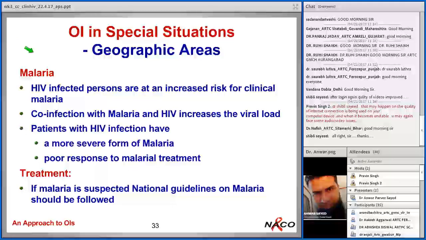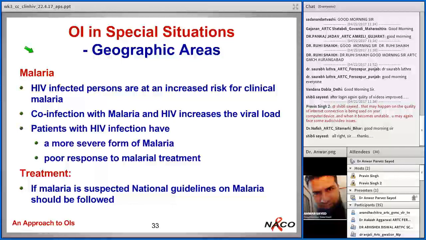A few things about Indian geography, where there are some OIs in specific geographic regions. Malaria, HIV infected. Now there is a strong correlation between malaria and HIV, in that PLHIV are at increased risk of clinical malaria, and co-infection with malaria and HIV increases the viral load of HIV.